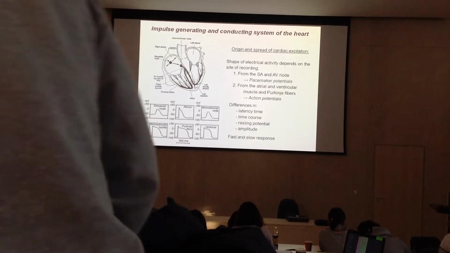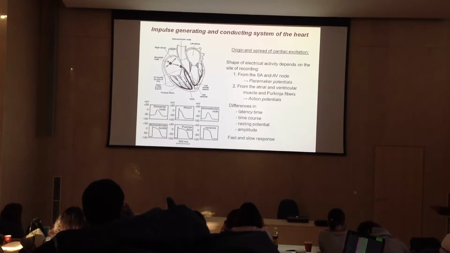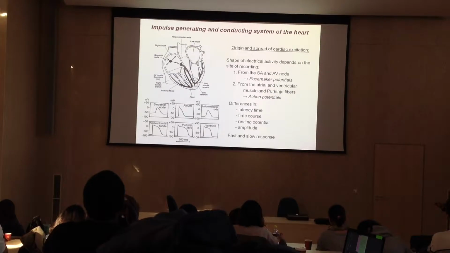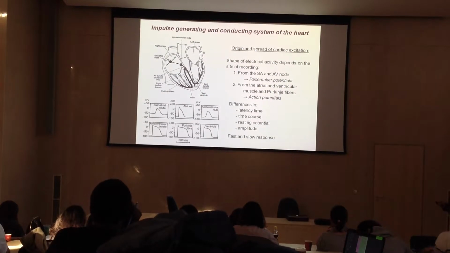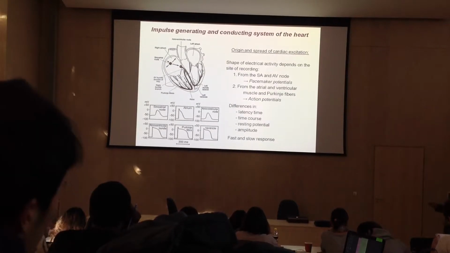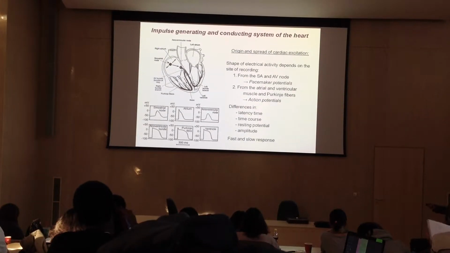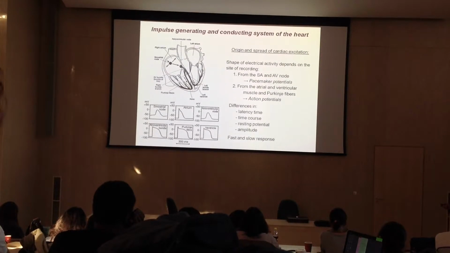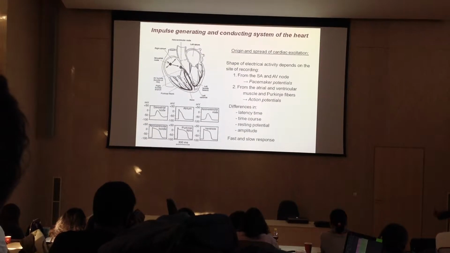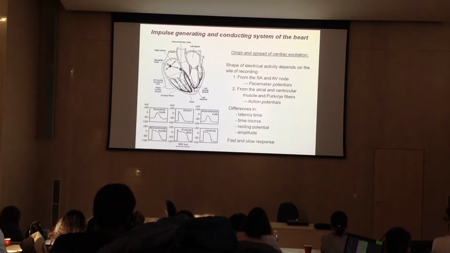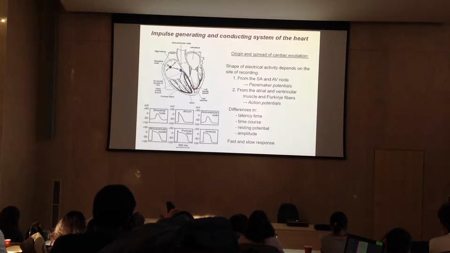The blood arrives to the right side of the heart, into the right atrium, and through the atrioventricular layers.